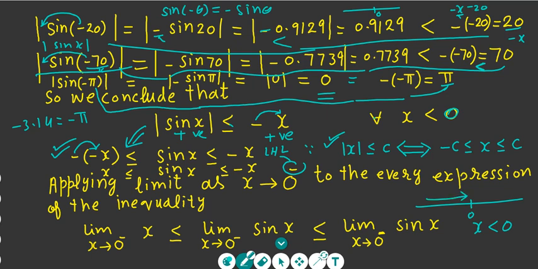The value of x may be 0 minus 0.01, minus 0.001. We approach x from the left hand side. Now we are taking the left hand limit. We apply the left hand limit.